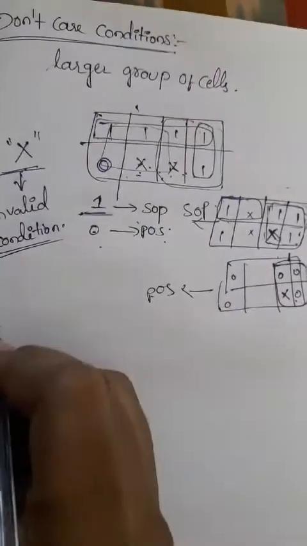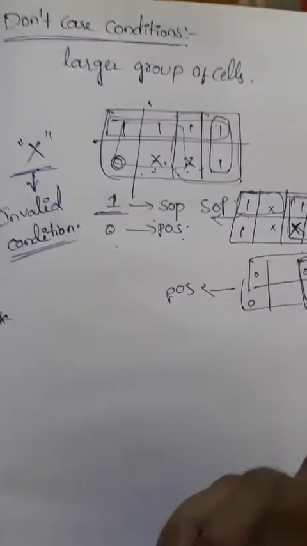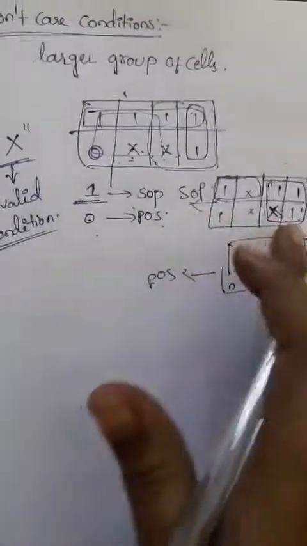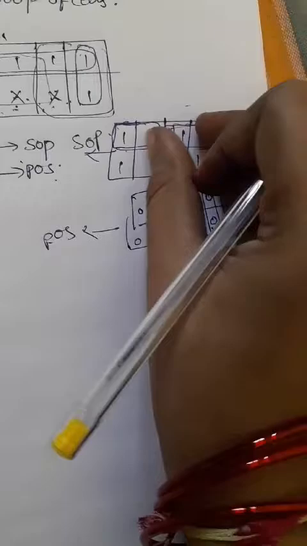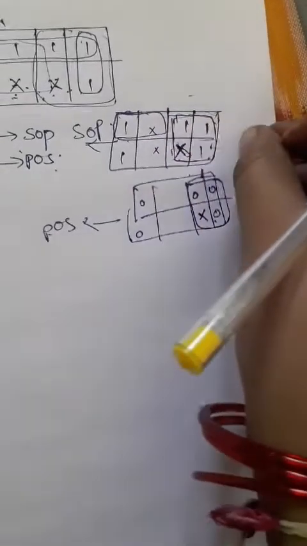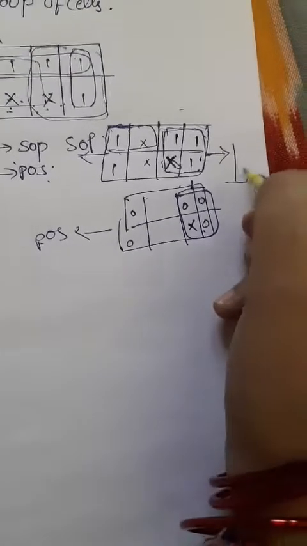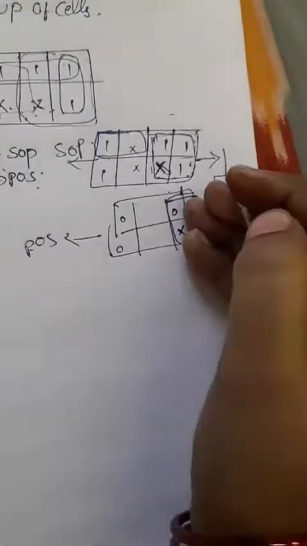Also, one more rule we have: if you have an SOP expression with don't cares like this, then for this grouping we match the one don't care condition with a quad group. Whatever expression we get after simplifying these 4 cells, we get one expression, which is in the form of SOP.